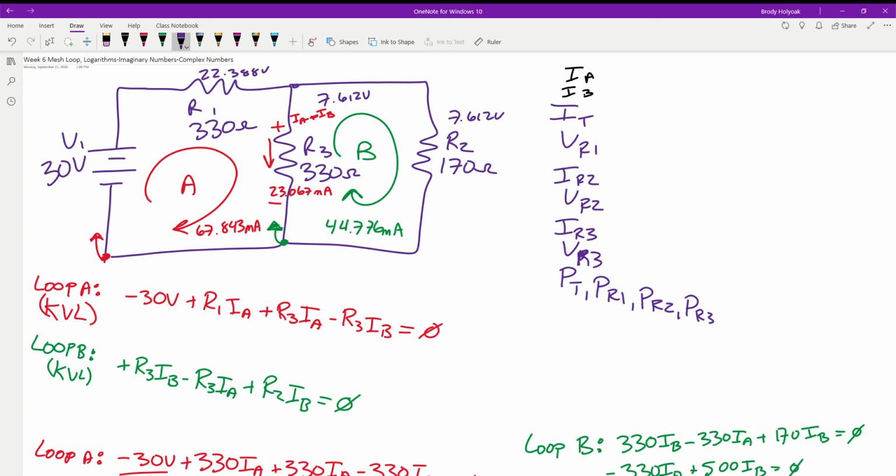Okay, we get that by taking the 22 minus from this guy, or we take it by the individual currents, and we can double check those. 44.776 milliamps times 170 ohms should be 7.612 volts. Same thing with this one. The 23 milliamps times 330 should be 7.612 volts.